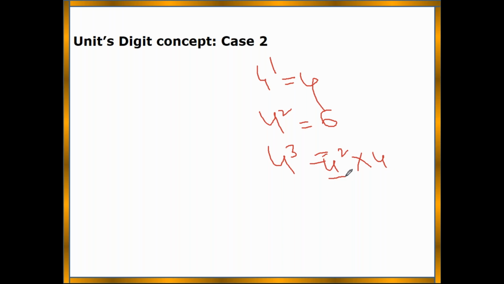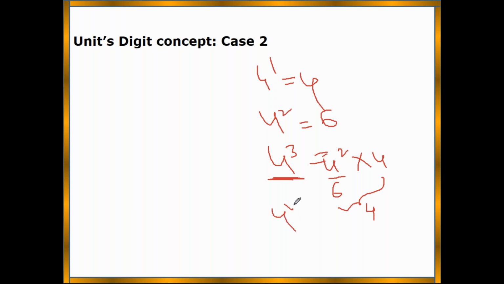Before giving the answer, the basic things: 4 power 2 we know already ends with 6. So 6 into 4, 24. 24 is not the value of 4 power 3, but 4 power 3 should be ending with 4. If you don't know the value, the direct value is 64.